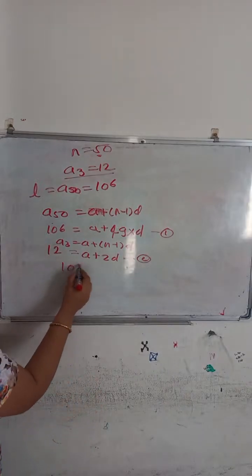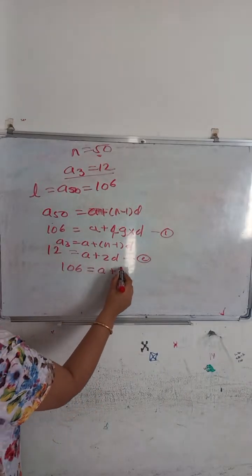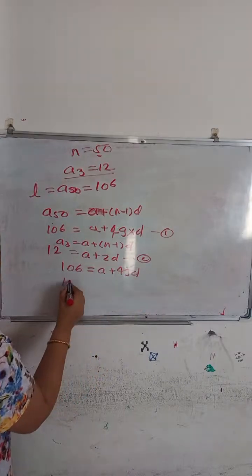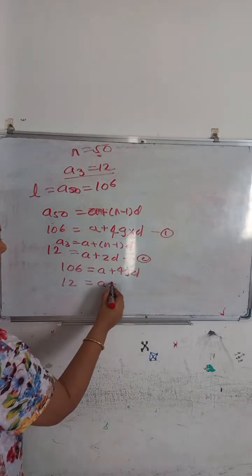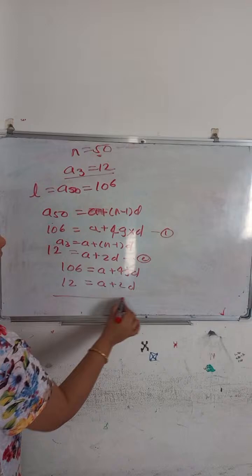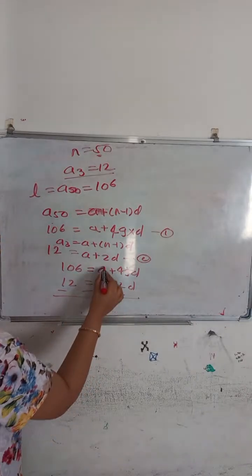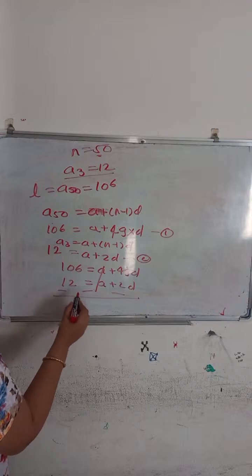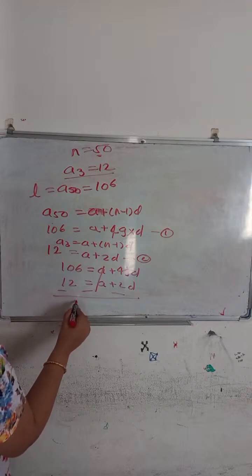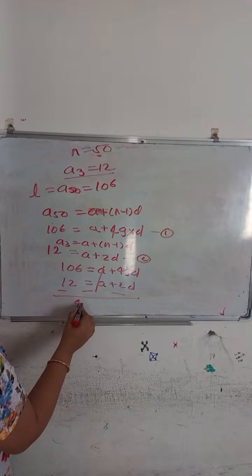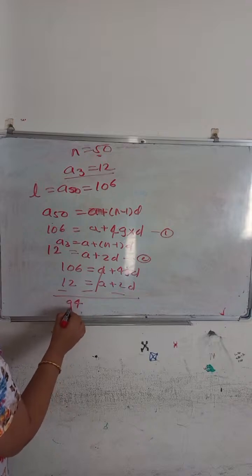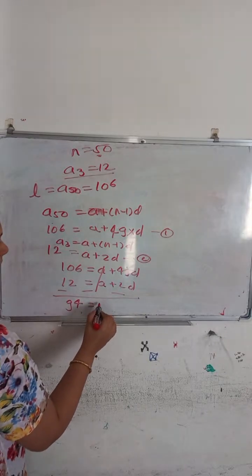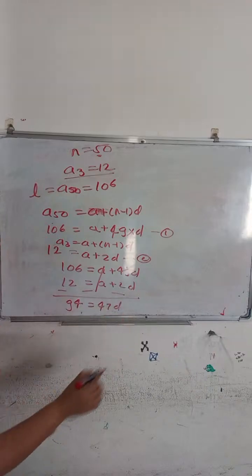So 106 is equal to a plus 49d, and 12 is equal to a plus 2d. Now solve this by the elimination method: subtract, and a and a get cancelled. So 106 minus 12 is 94, and 49d minus 2d is 47d.